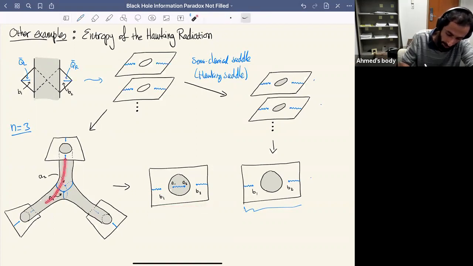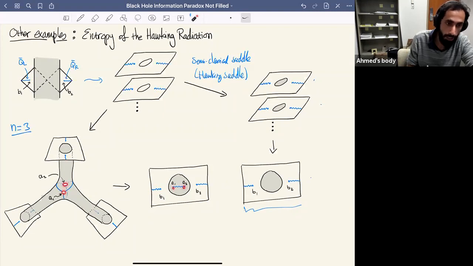So the emergence of this wormhole is represented by the emergence of these new branch points and branch cuts. Now you have two locations, A1 and A2, this point here and this point here on the other side.